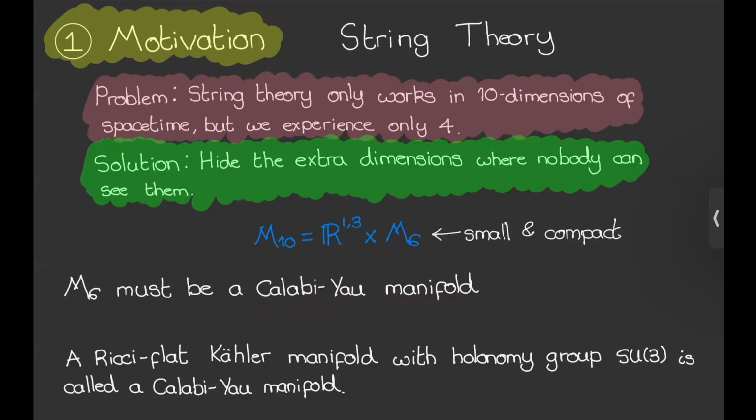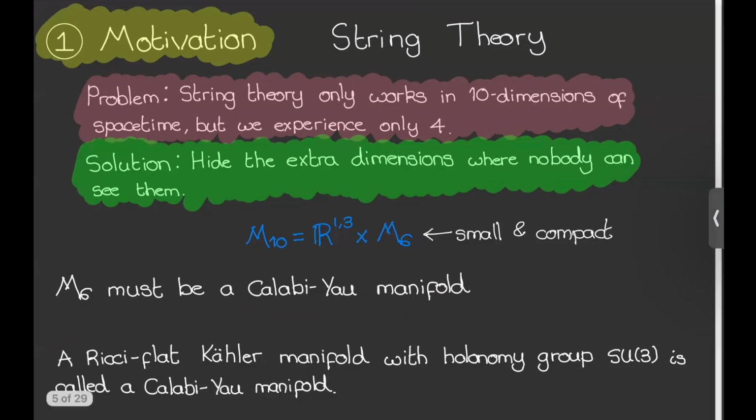So that's some motivation as to why we care about Calabi-Yau manifolds in string theory. There are many definitions of Calabi-Yau that people use. I tend to use this one: a Ricci-flat Kähler manifold with holonomy group SU(3).